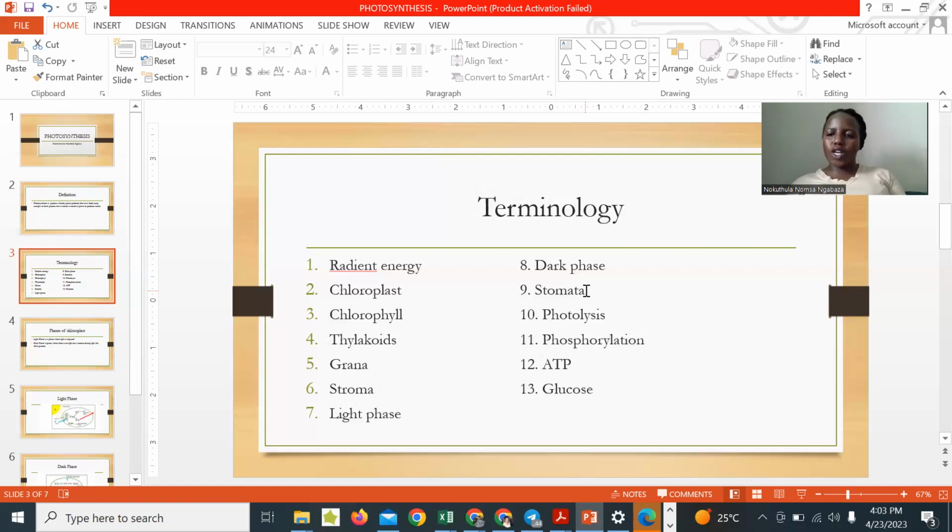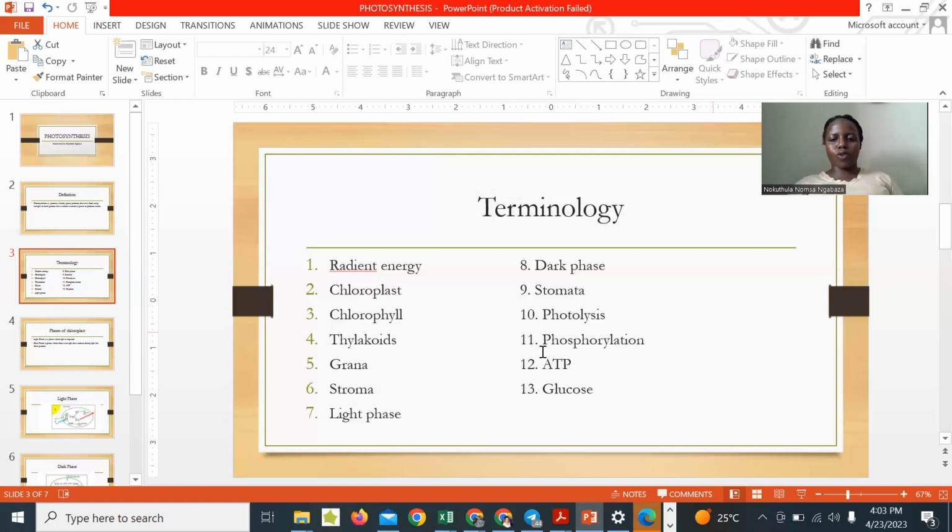This is when your hydrogen and oxygen atoms are going to separate, and they separate in the presence of light. That's why we're simply saying photolysis is the separation of hydrogen and oxygen during the presence of radiant energy. You are going to understand it more when I'm explaining the light phase to you.